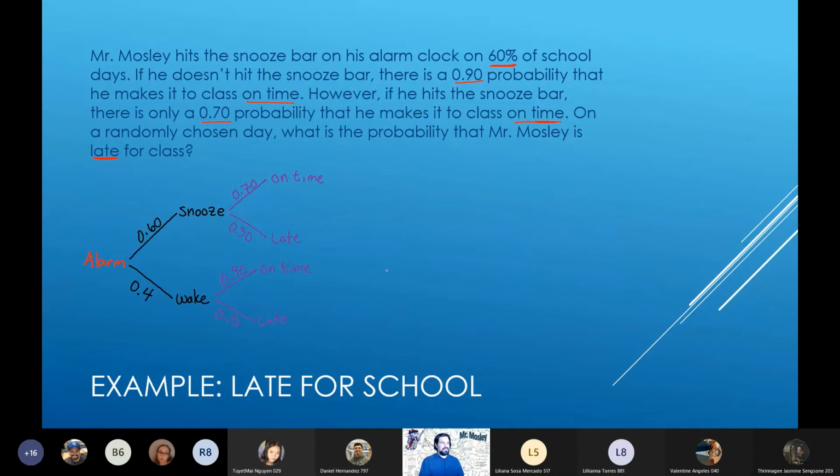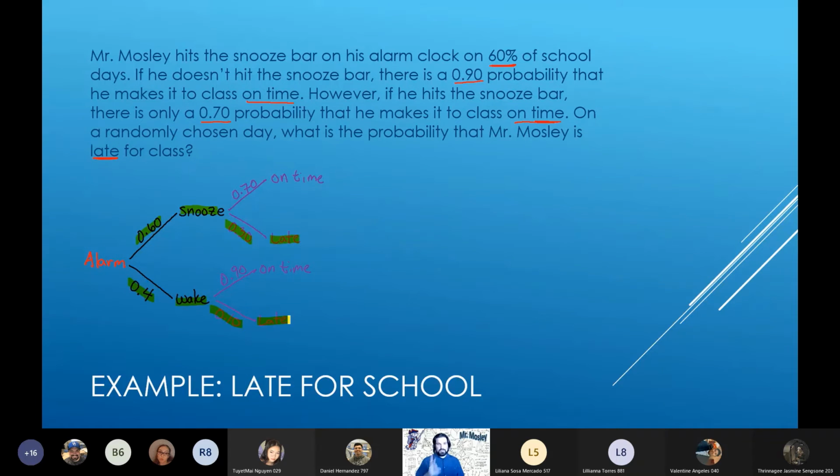Now that I have the tree diagram, I can answer the question, what is the probability that Mr. Mosley is late? Now there's two ways for me to be late, right? We'll follow it through the diagram, right? I can hit snooze and be late, or I can wake up on time and be late.